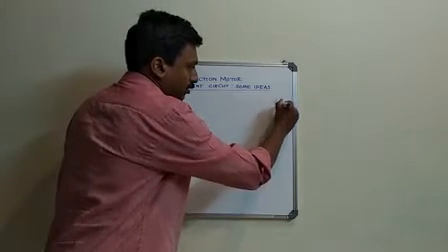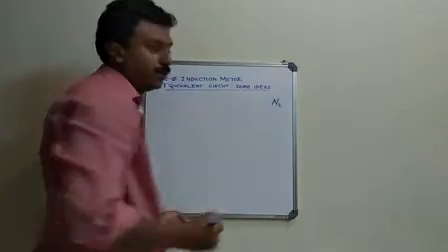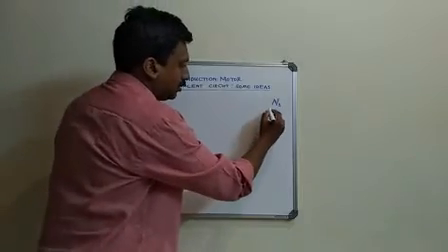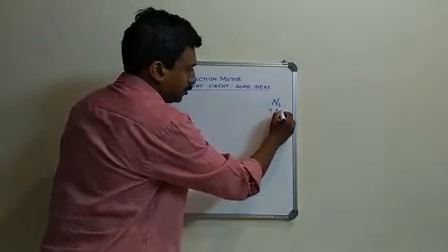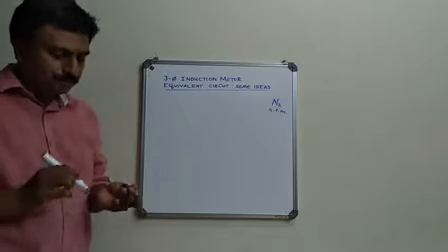We refer to it as synchronous speed, ns, usually given in RPM, revolutions per minute.